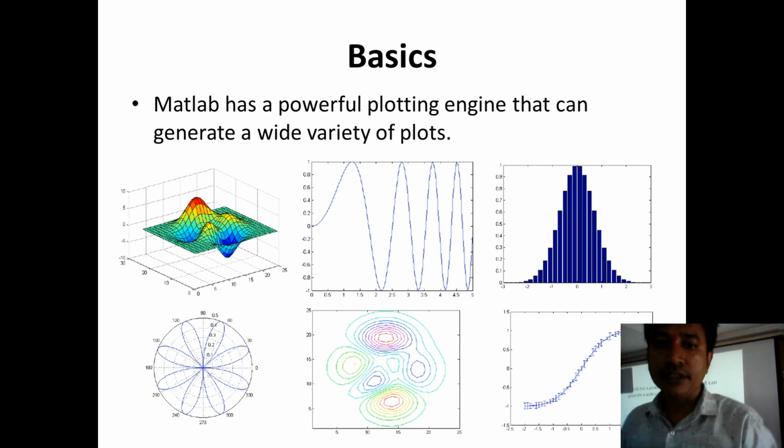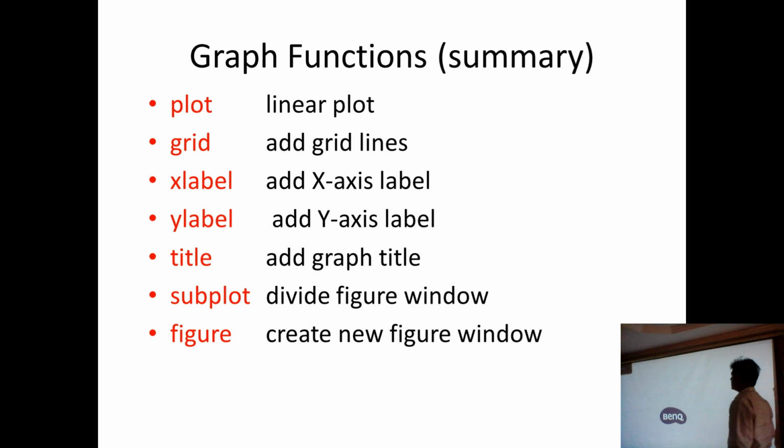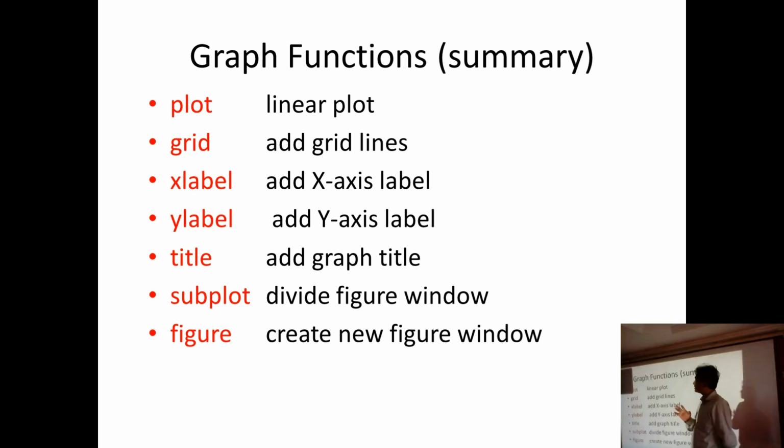So just look at the normal plot commands. Majorly we use inbuilt functions. The first inbuilt function is plot, which gives a linear plot. The grid function gives the grid lines.